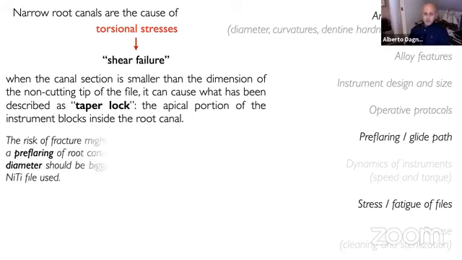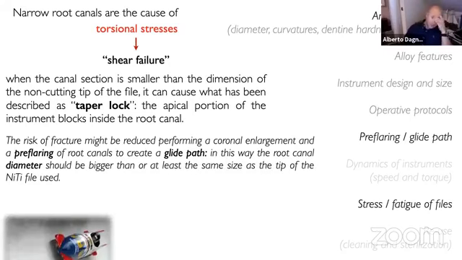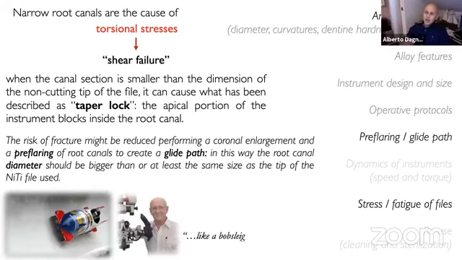That's why many authors in the past and also today are showing the real importance of a preliminary shaping of the root canal, of creating a pre-enlargement of the canal to create a glide path.